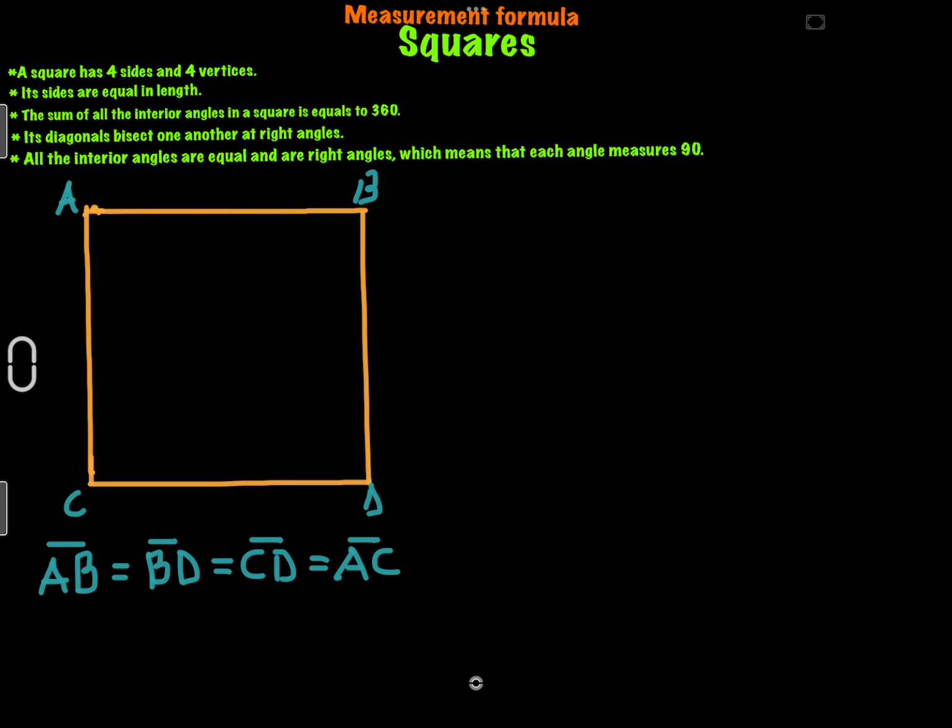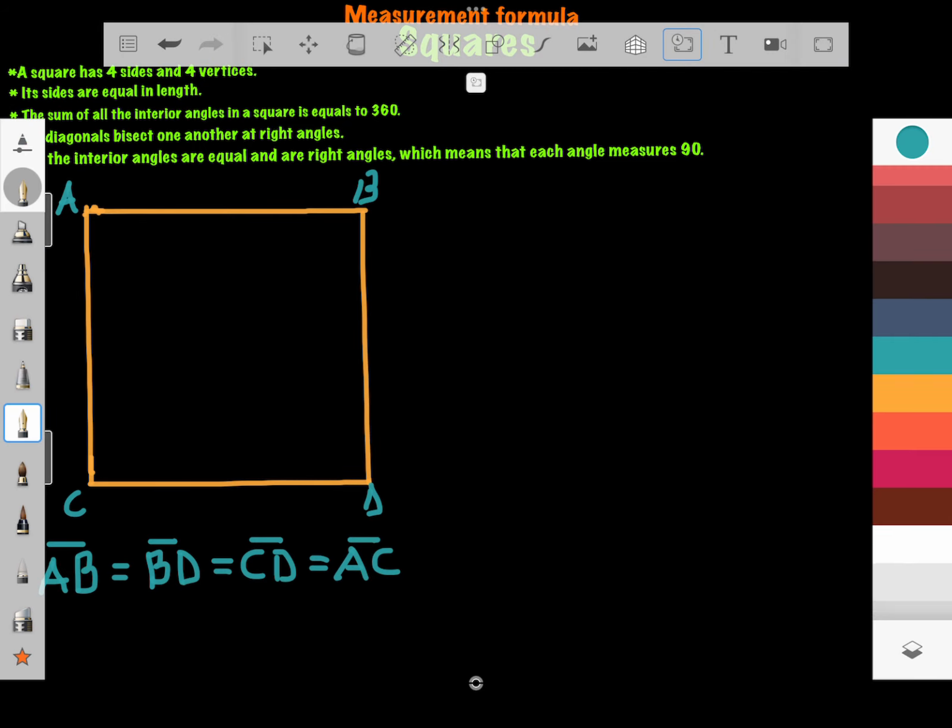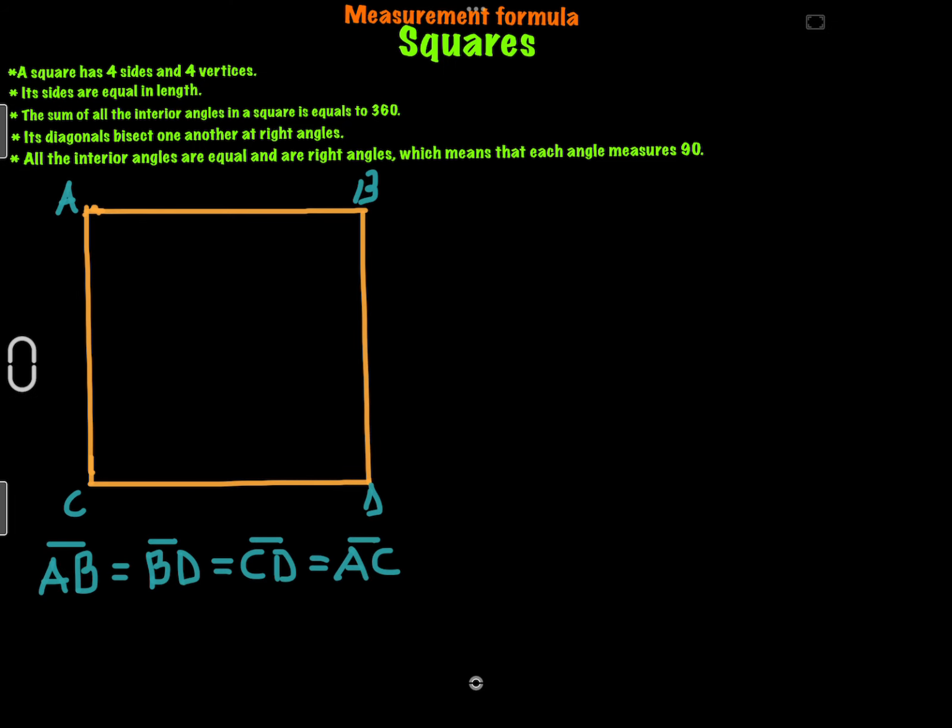Now, when we look at those line segments AB, CD, and AC and BD, we can clearly see that those are actually the sides of this square. So in other words, side AB is equal to side CD, and so is side BD, which is equal to side AC.